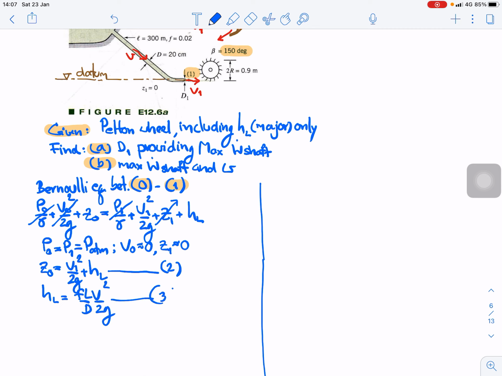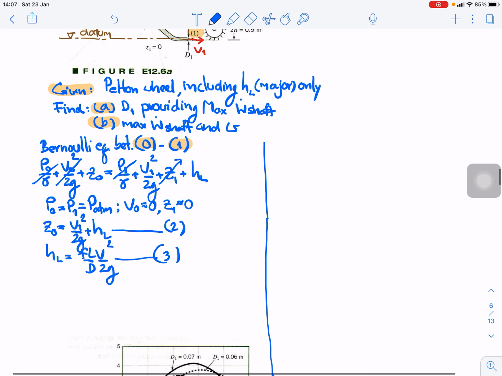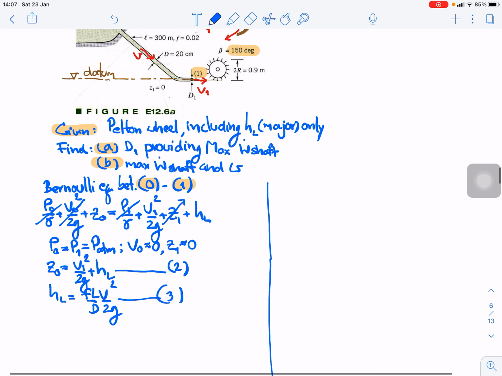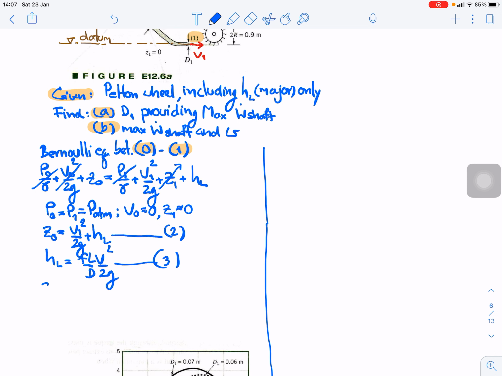We consider the pipe diameter and the nozzle diameter not the same, so we can use Q equal to A times velocity, equal to A1 times V1, and the pipe velocity is the ratio between D1 and D, equation 4.